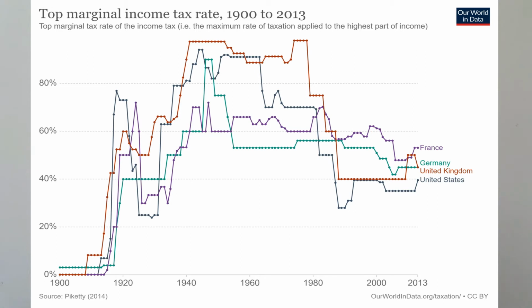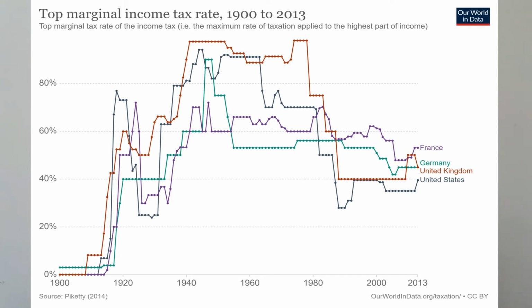Prior to World War II, there were relatively low levels of taxation, and then the top rate of tax in many places goes up and up, all the way to the 1950s and 1960s.